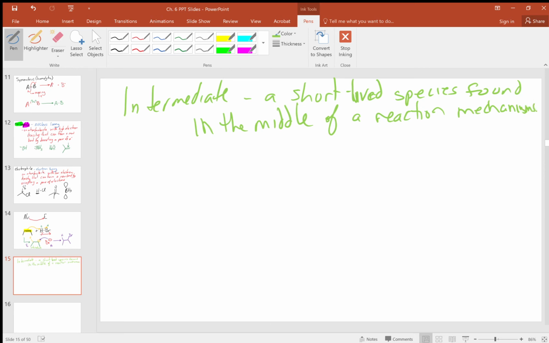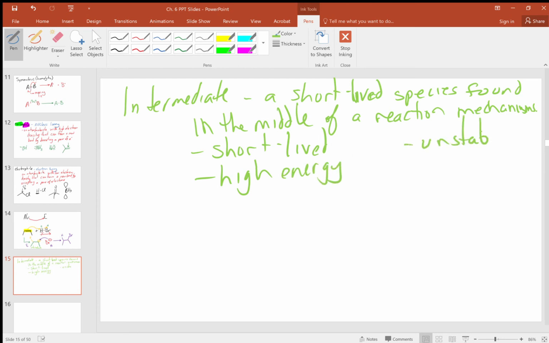The other thing we know about intermediates is, again, short-lived, high energy, and not terribly stable. All right, so let's look at a couple more examples and then you have some practice to try.